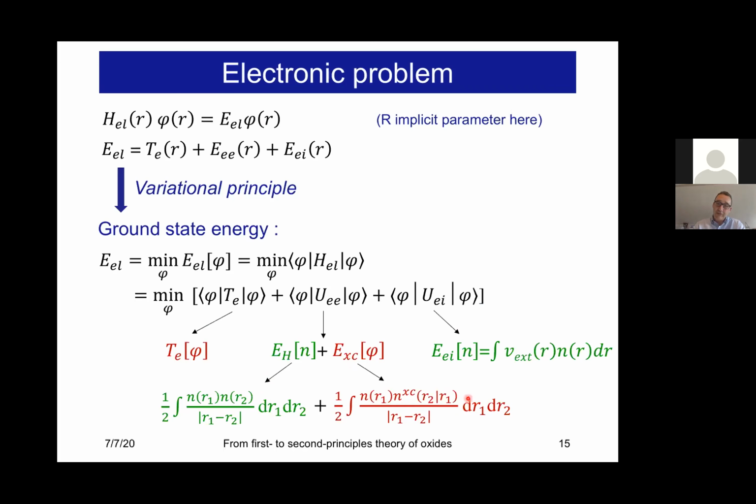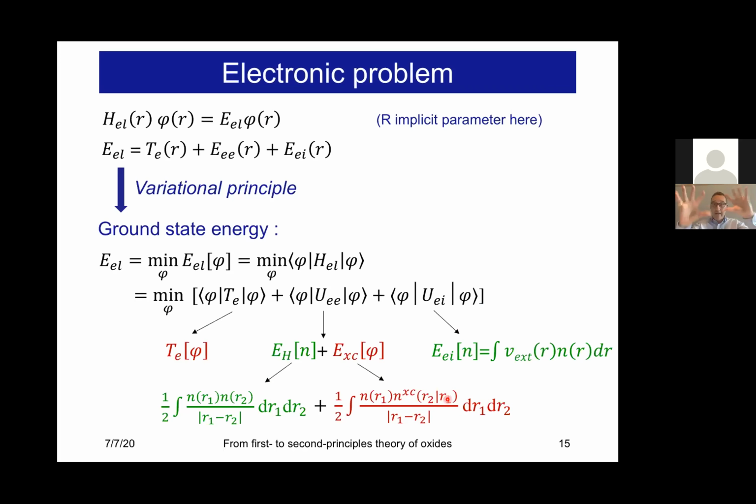And this exchange correlation hole here is telling you what is the change of density in R2 when you know that you have already an electron in R1.